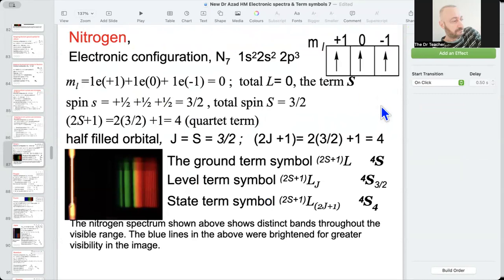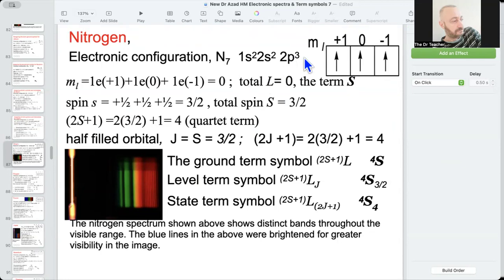Nitrogen here, we have 2p3, 3 electrons here. And don't forget, if you count ml, you have to put plus 1, 0, minus 1. 3 electrons, arrange them as they are.